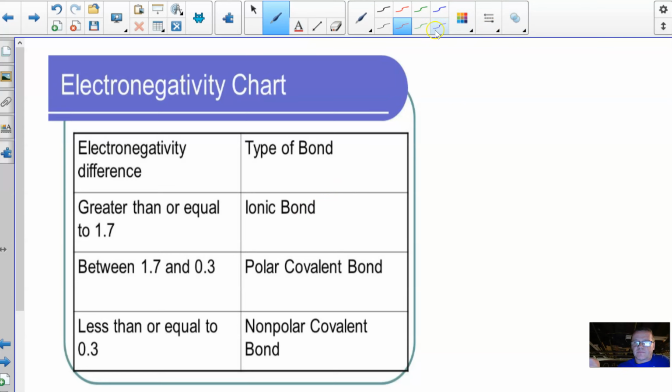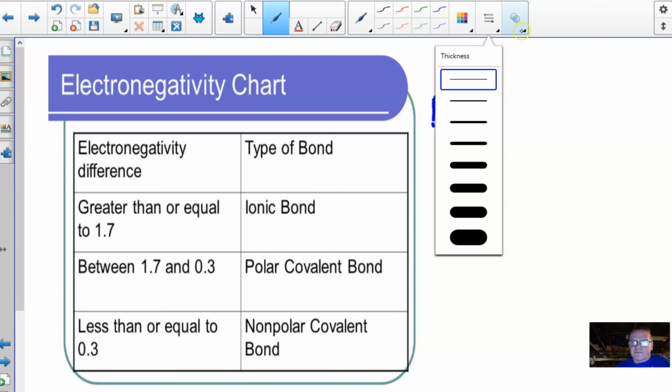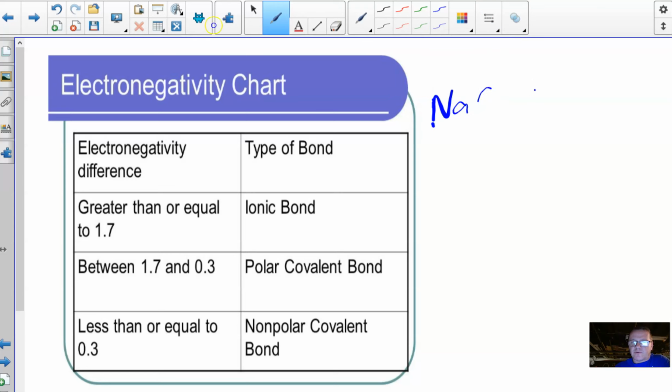Hopefully we're comfortable with those. One ionic bond is sodium chloride, and we call it ionic because it's between a metal and a nonmetal. Here is what really locks it in as an ionic bond.